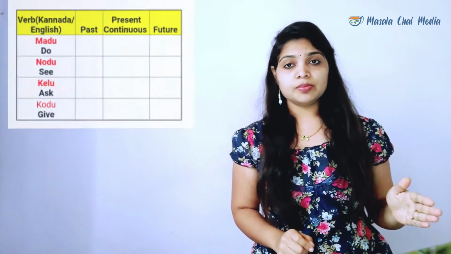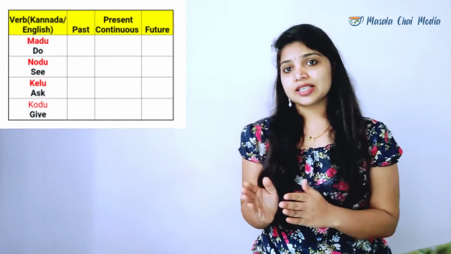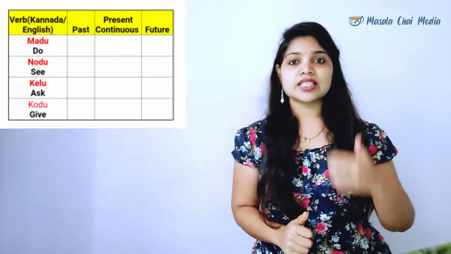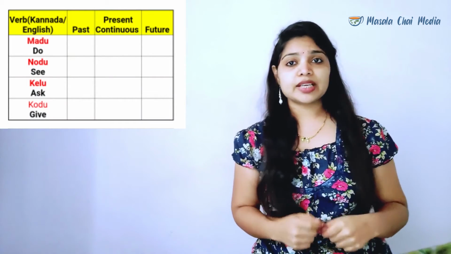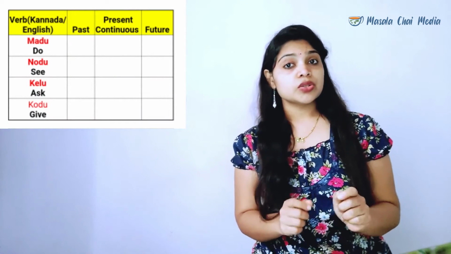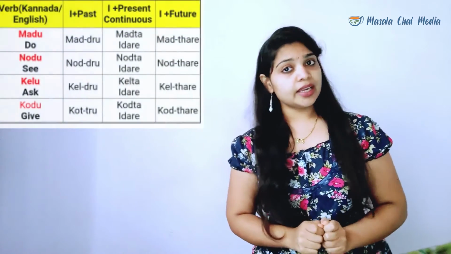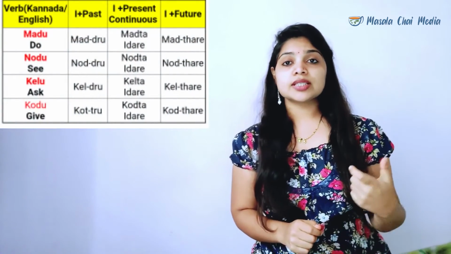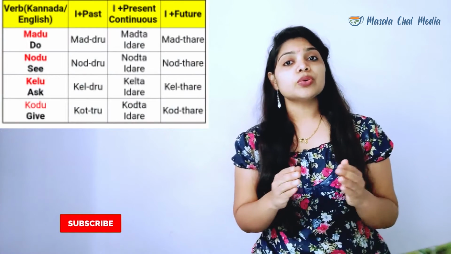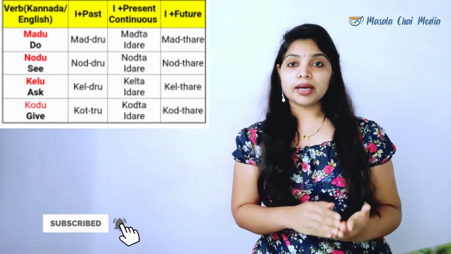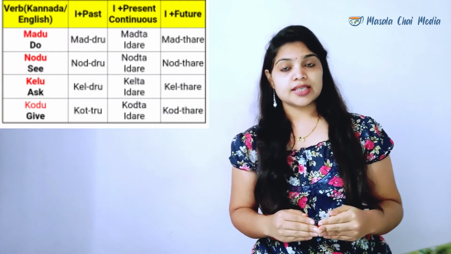Same as before, let's have a table with verbs and past, present and future tense. Then we will make some sentences. First verb, again madu. Madu means do. ಮಾಡು becomes ಮಾಡಿದ್ರು in past tense.